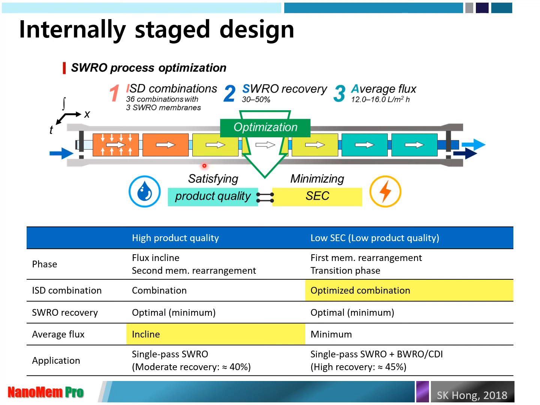So you can see the high product water quality in terms of the phase and ISD combination, SWRO recovery, average flux, and the application. So you can see how it can be utilized.